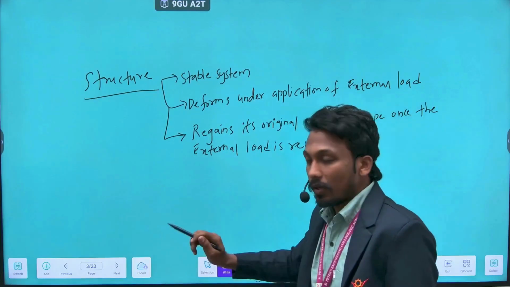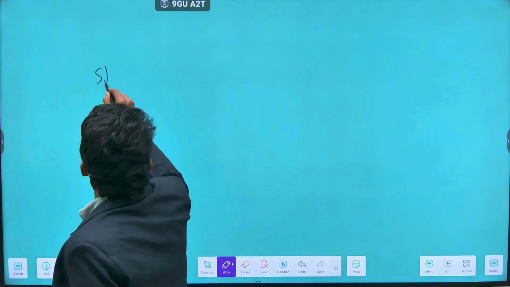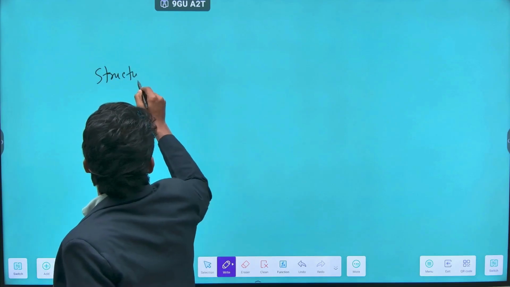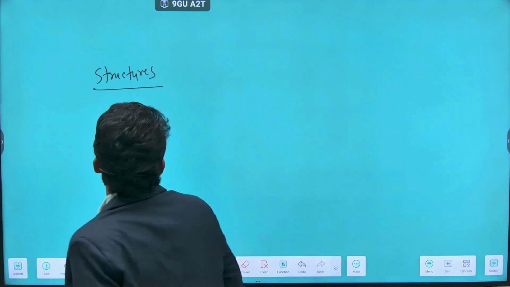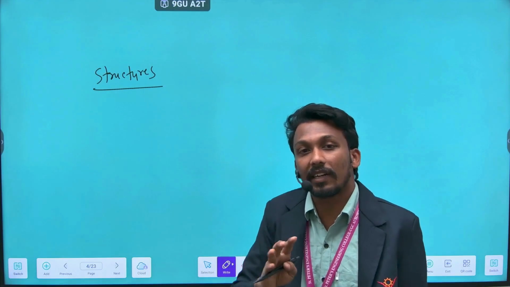Now we have different types of structures. We have mainly three different types of structures.